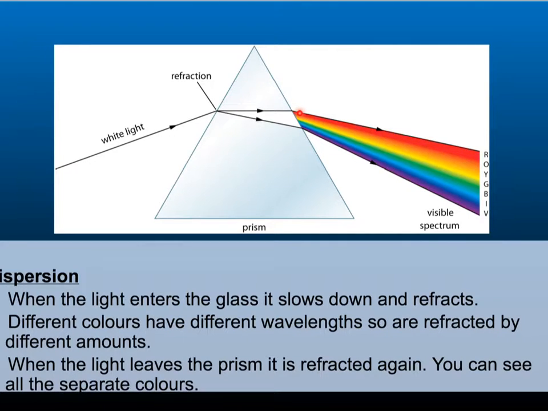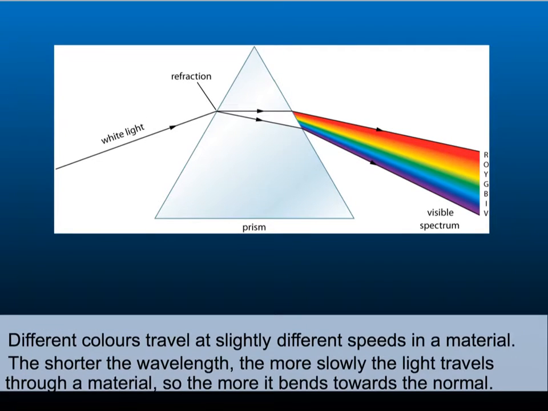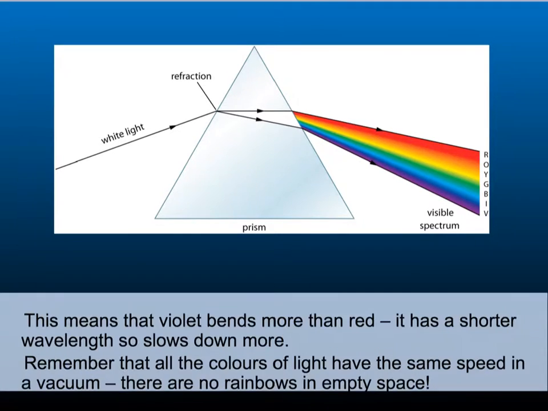When the rays leave the glass prism, they are refracted again, and this separates out all the different colours of the visible spectrum. The different colours travel at slightly different speeds in the material. The shorter the wavelength, the more slowly the light travels through the material, so it bends more towards the normal. This means that the violet light bends more than the red light.